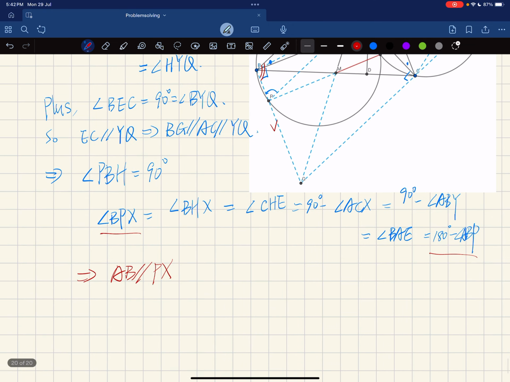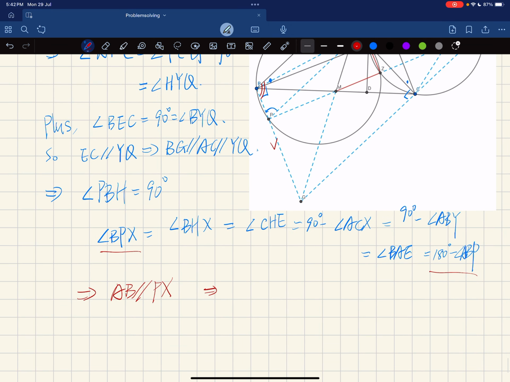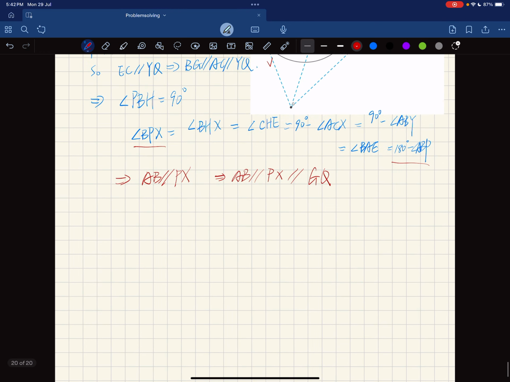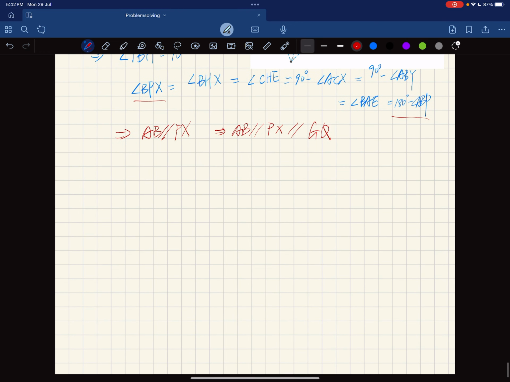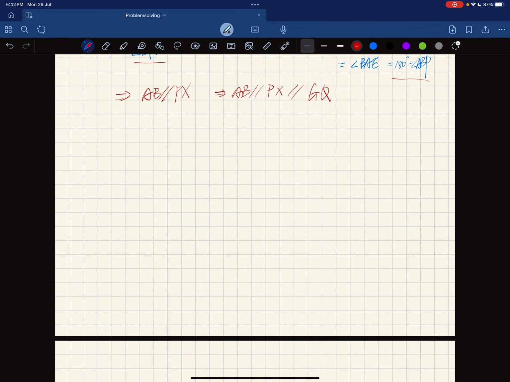Is that true? So, then we can know that AB is parallel to PX and parallel to GQ or GC, right? So we have successfully proved our guess.